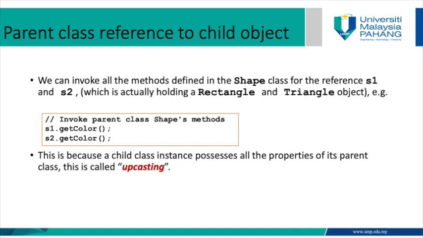We can simply do it by writing s1.getColor and s2.getColor. This is because a child class instance possesses all the properties of its parent class. It's called upcasting. All the data fields and all the methods are inherited by the child class.